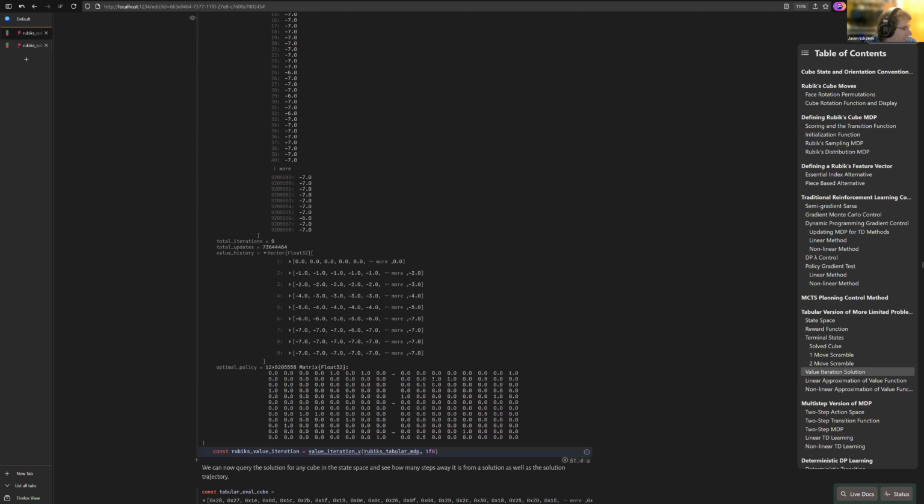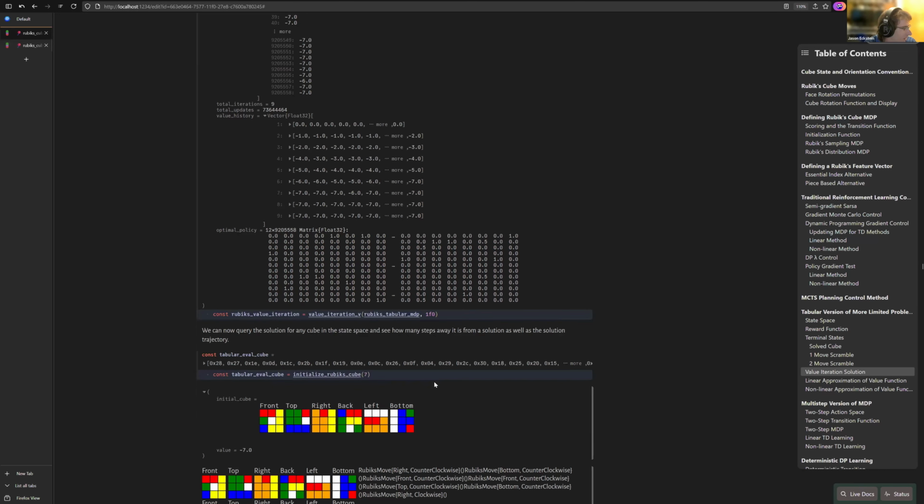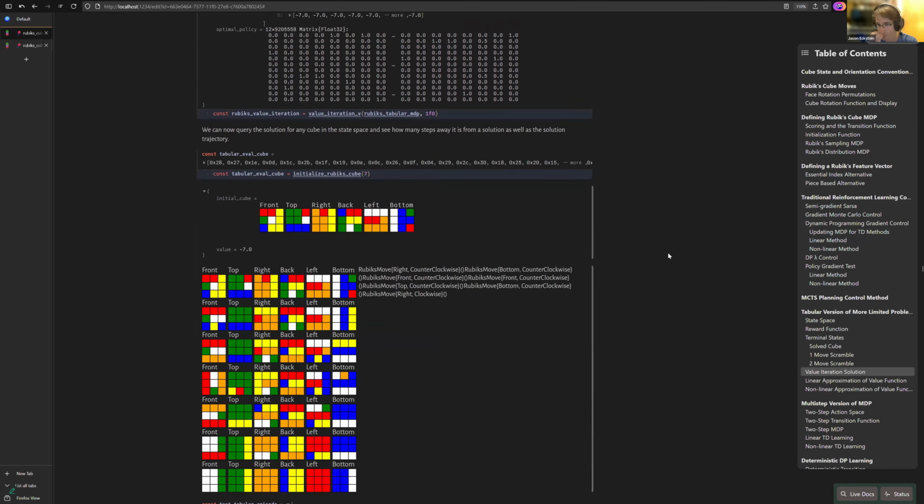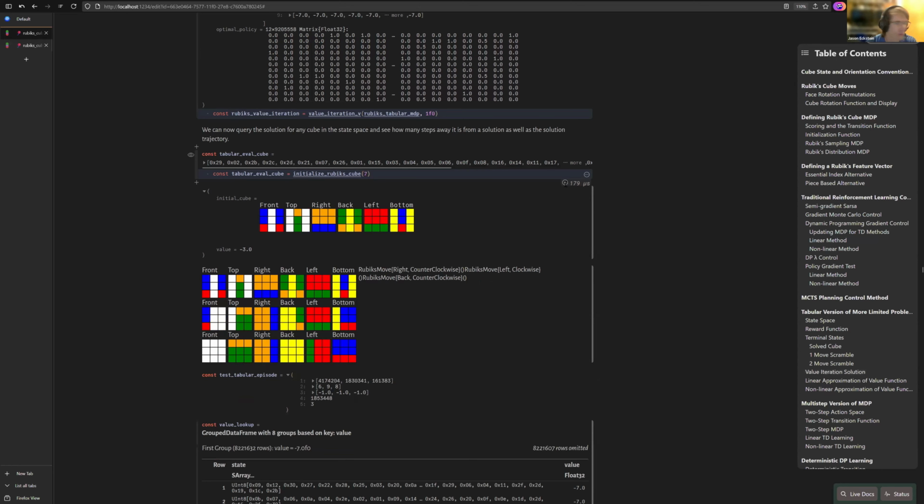And we can see what that looks like here, where here's an example of the policy at work, where we start with this cube here. I'm just initializing it. So this is a cube that's been scrambled 7 times. This is what it looks like. And then these are the steps towards solving it. So here it can be solved in just 3 or 4 moves.